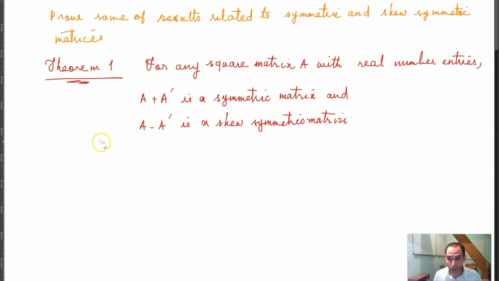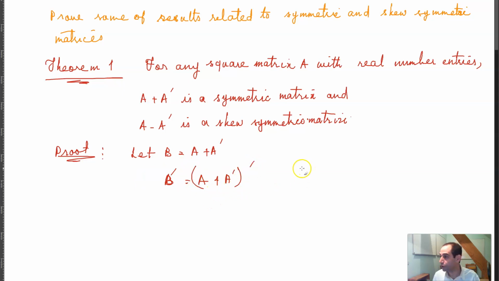So the proof for this theorem is as follows. Let B be equal to A plus A prime. Then B prime is going to be equal to A plus A prime whole prime.